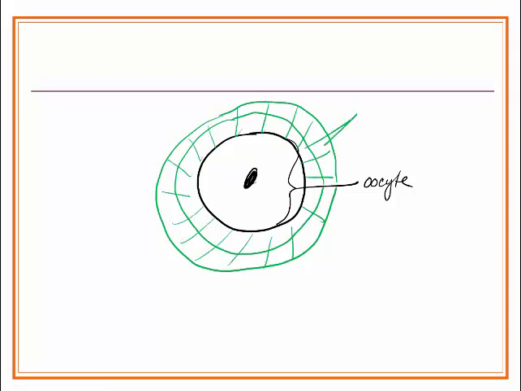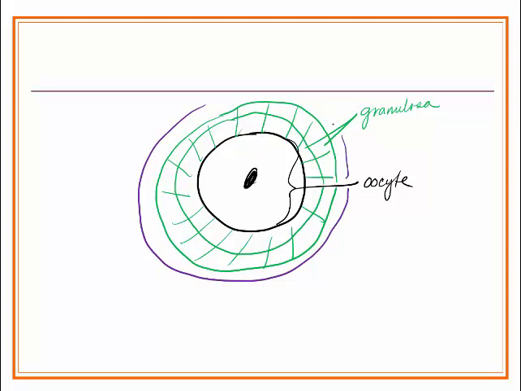Okay, so these are all granulosa. And surrounding them are the original cells that did mitosis to produce the granulosa. So here are your original simple cuboidal cells called the follicular cells that did mitosis. Okay, you get the idea.